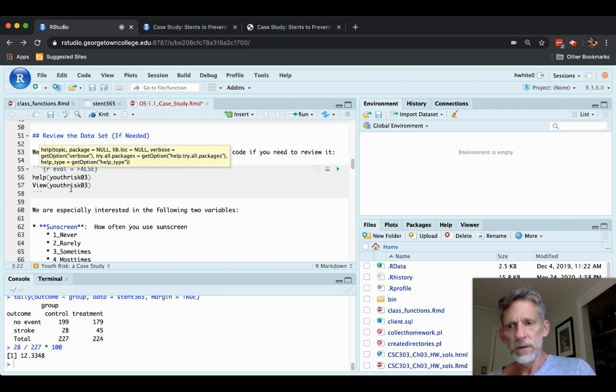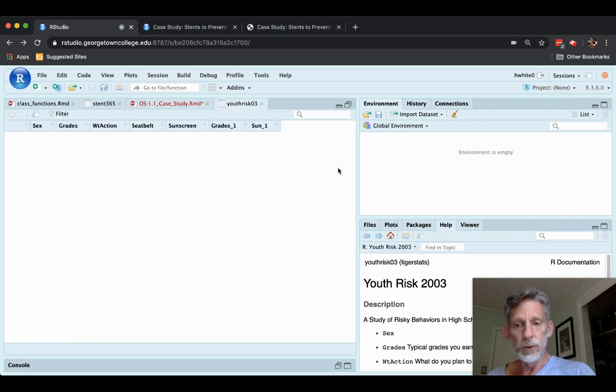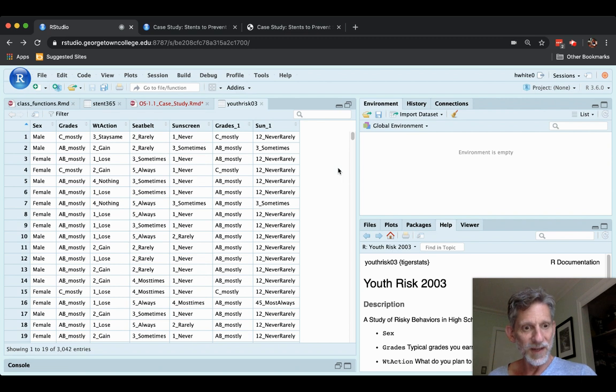And this little R code chunk actually has these commands in it that we were supposed to run to learn about youth risk 03. So if you want, you don't have to copy paste in the console. You could just click the little arrow there that says run current chunk, and that'll do you the courtesy of copying and pasting from the R Markdown document into the console and running those commands.